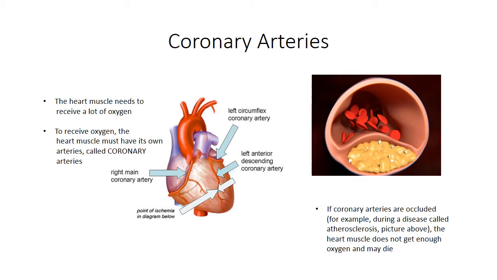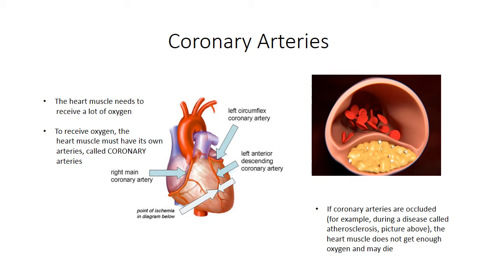The plaques form because of two reasons. First, because walls of arteries can inflame, and second, because when people do not eat healthy, their spectrum of fats or lipids in the blood is abnormal, and this favors the buildup of these plaques.